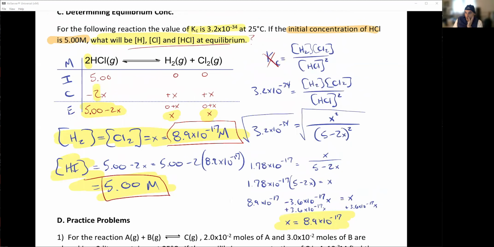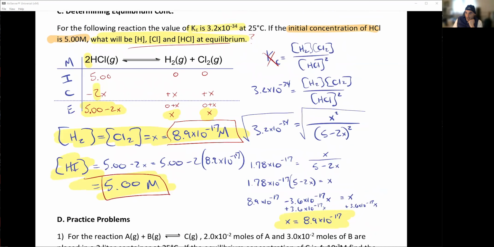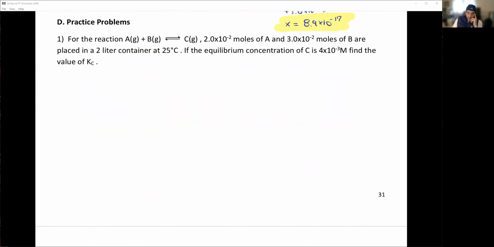So in that one, we were given Kc, we're solving for equilibrium expression. Next up, same exact concept, but instead of being given, we're not given as much. So let's solve this problem. What's the first thing that we do? Again, we write out the equilibrium reaction.